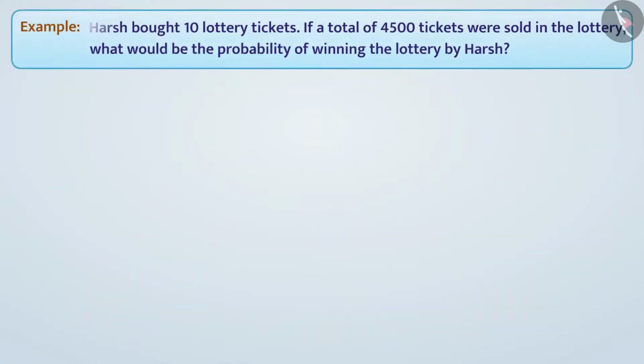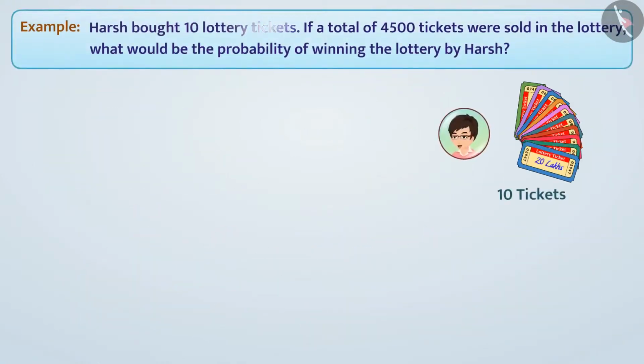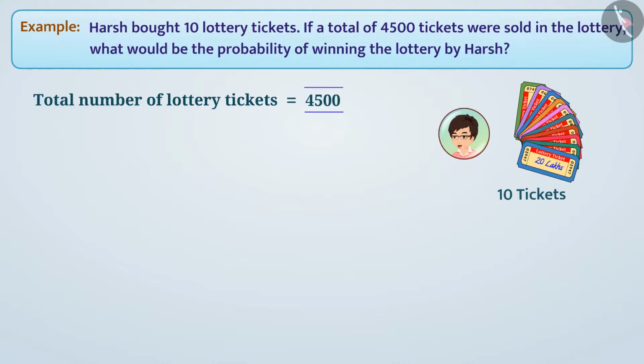Next example. Harsh bought 10 lottery tickets. If a total of 4,500 tickets were sold in the lottery, what would be the probability of winning the lottery by Harsh? The total number of lottery tickets is 4,500. The probability of selection of each lottery ticket is equal.